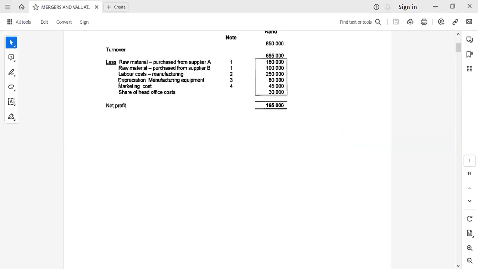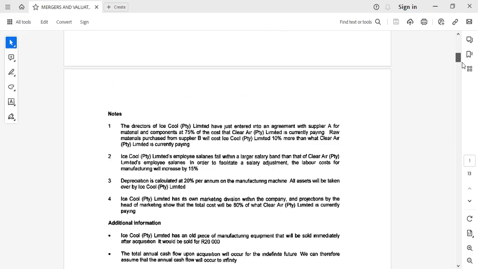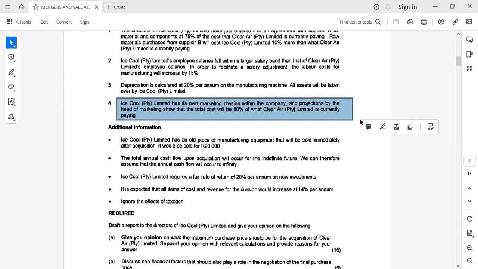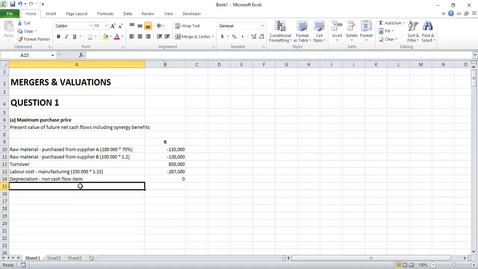marketing costs 45,000. High School Limited has its own marketing division within the company. And the projections by the head of marketing show that the total cost will be 80% of what Clear A Limited is currently paying. So it's 80%. Marketing costs 45,000 multiplied by 80%.